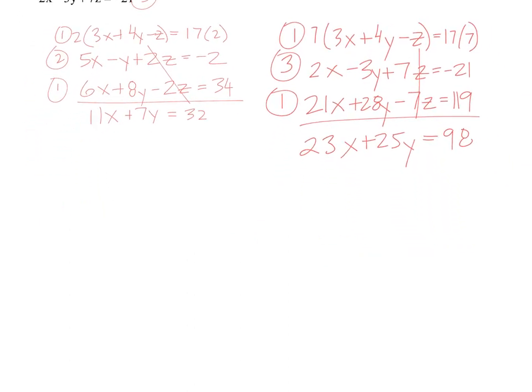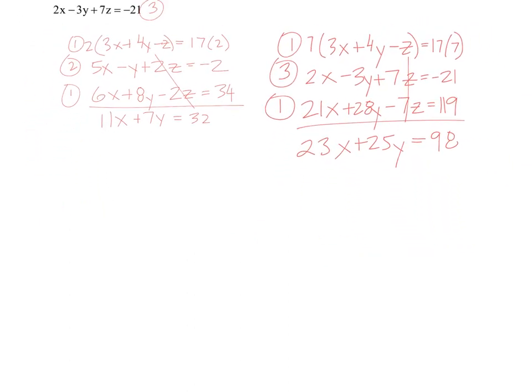Okay, so what am I going to do next? Alright, so I have 11x plus 7y equals 32. And the other equation, I have 23x plus 25y is equal to 98. Alright, so what am I going to do here? I'm going to cancel out the x's.